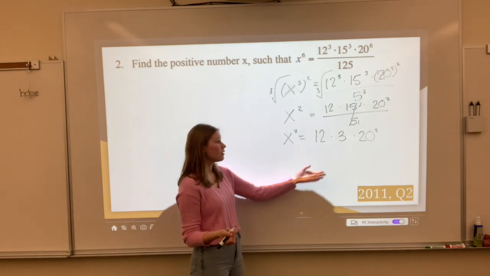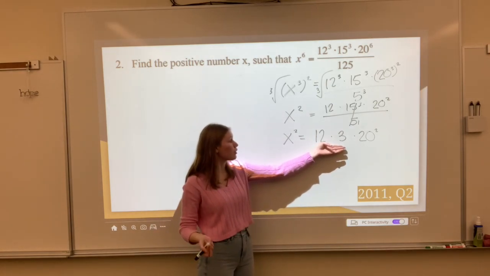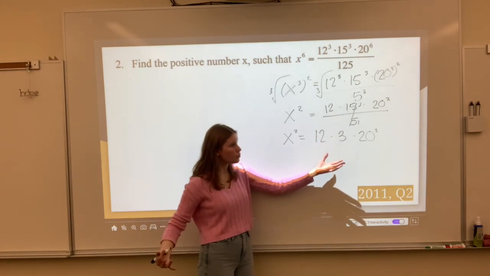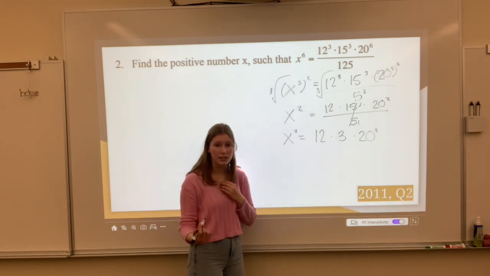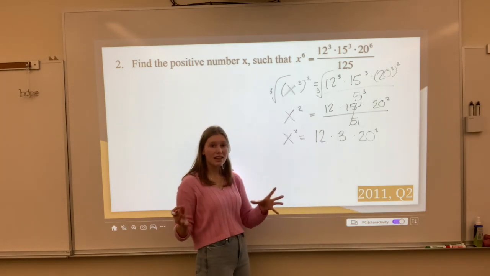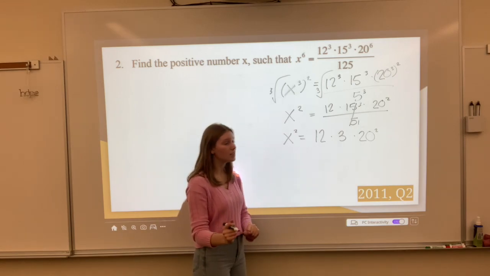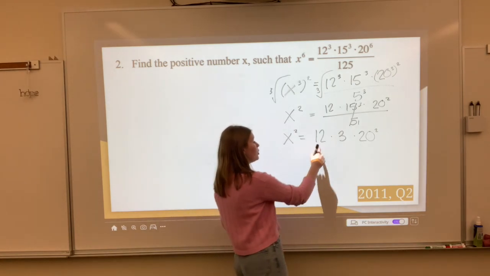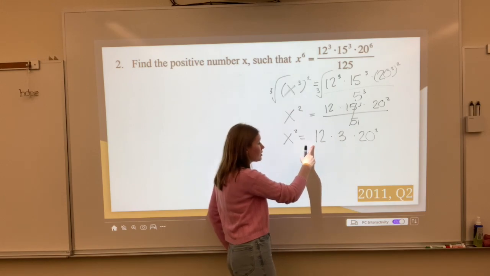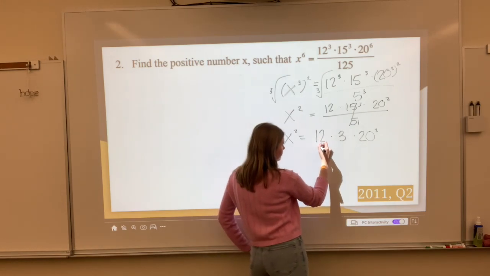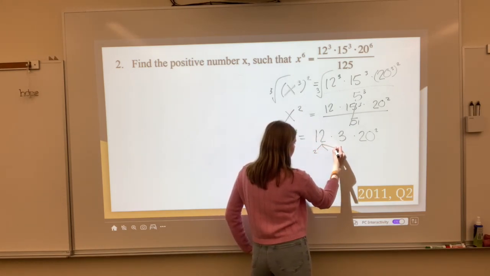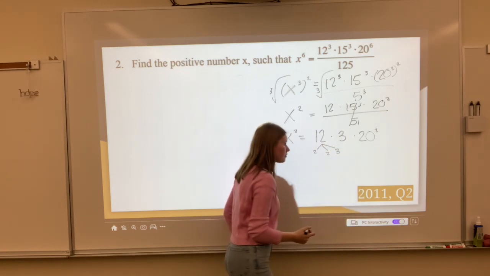Most of you probably noticed, 12 times 3 is 36, another square number. Perfect, let's take the square root of both sides. Now, if it wasn't that simple, if you had a lot more multiplying to do before you got to that, what you could do is take the prime factorization of 12. That's going to be 2, 2, and 3.